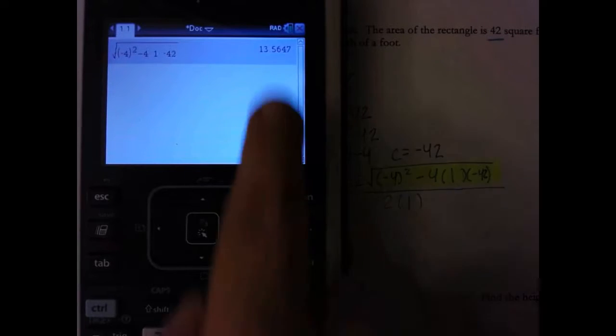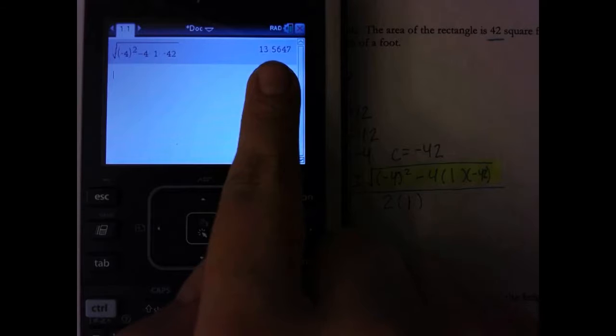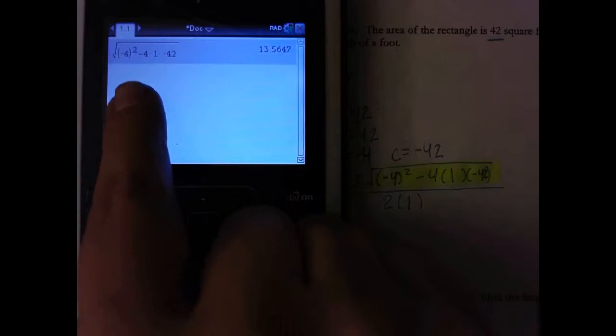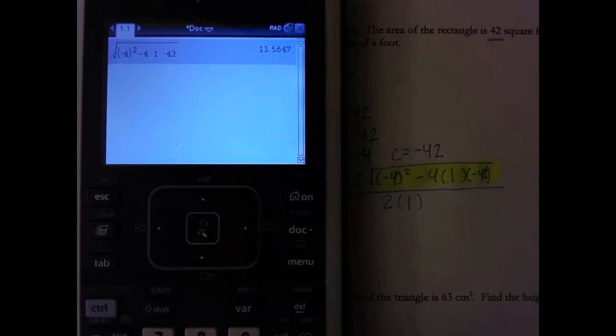Hit enter. Okay, notice I get a decimal. And you know what, I like to be really exact. If you get a decimal, then try it again without the square root so we can get as exact a number as possible. So negative 4 quantity squared minus 4ac.